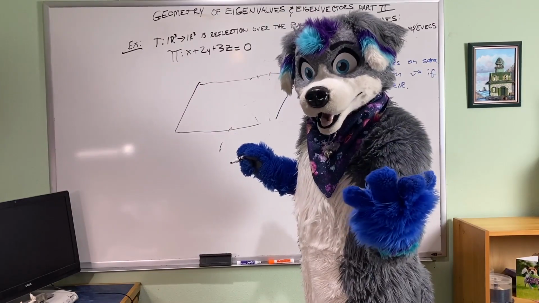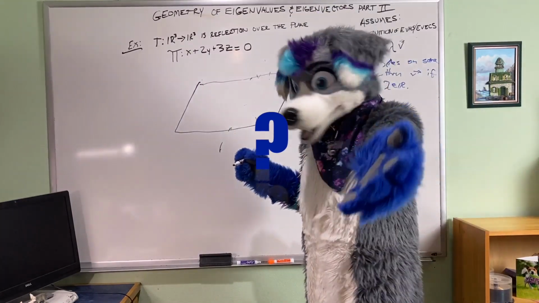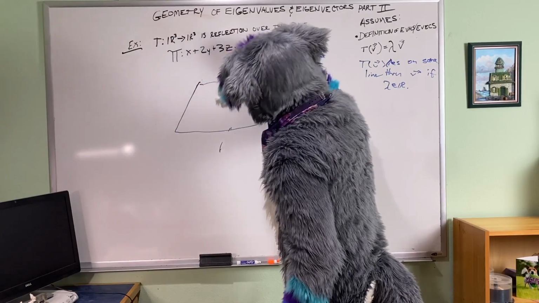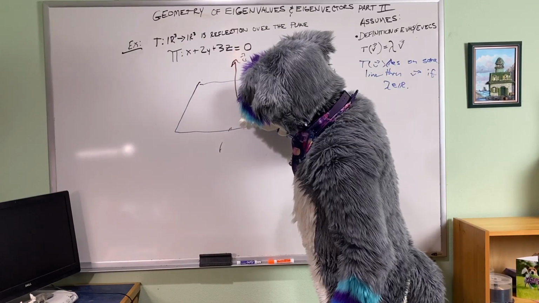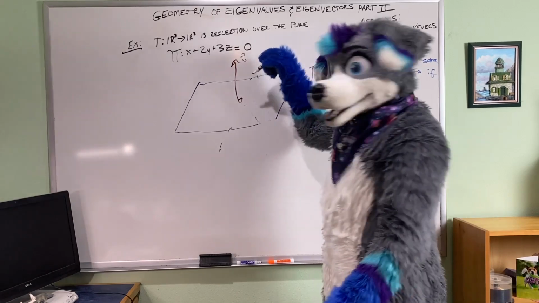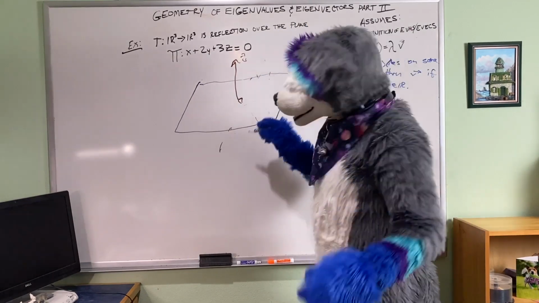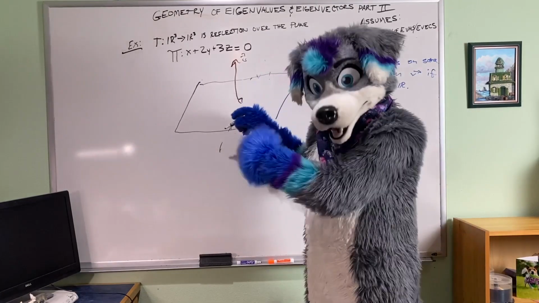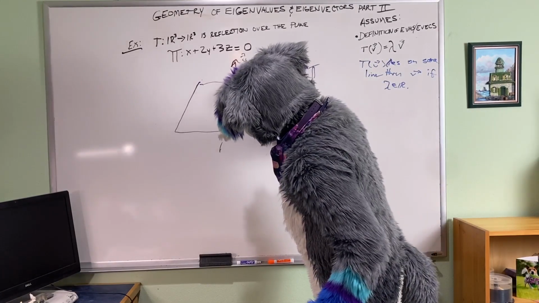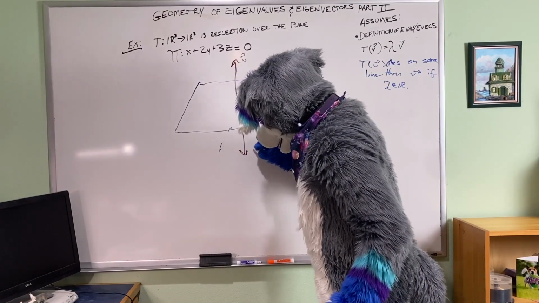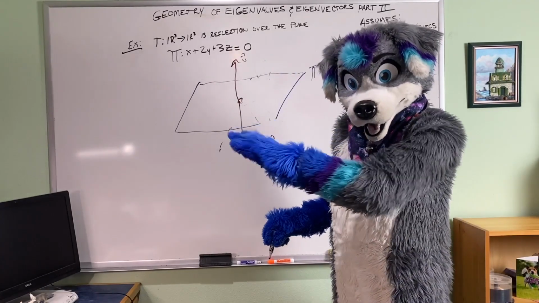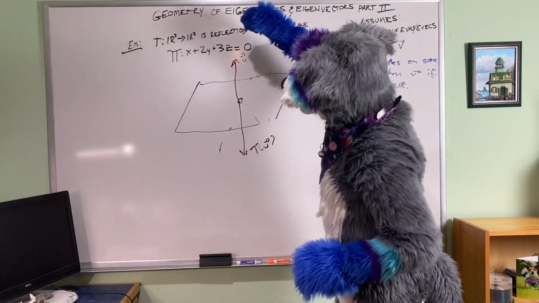What if the vector is perpendicular to the plane? That is a 90-degree angle right here. If I reflect it over the plane, where do I end up? I end up pointing directly down. That lies on the same line through the original vector.